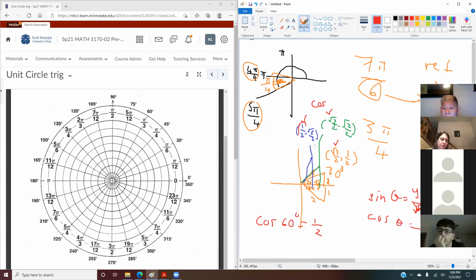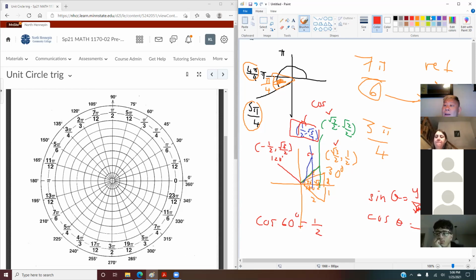And the good news is if you go to the other quadrant, when you do 60 degrees, it'll be 120. So you take these coordinates and you make it negative on the x and positive on the y, because on quadrant 2, x is all negative.